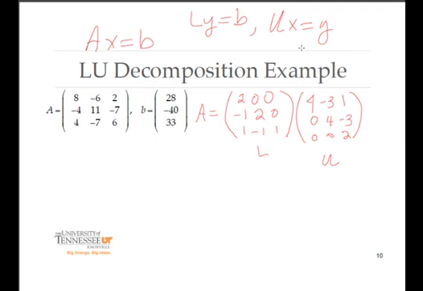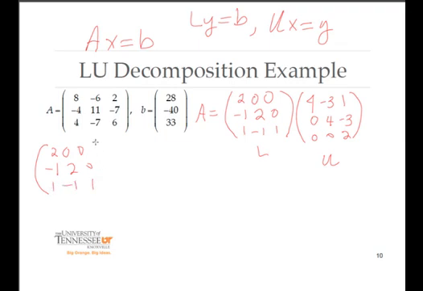So if we were to represent the problem, let's do Ly equals B. So we know what L is now. 2, 0, 0. Minus 1, 2, 0. 1, minus 1, 1.